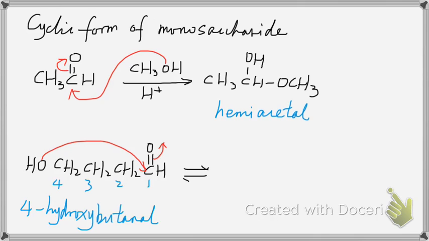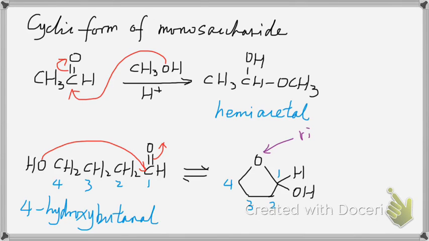As a result, a ring structure will form, and this ring will involve carbon 1, 2, 3, 4, and the oxygen on carbon 4. So 5 atoms are involved in the ring, and it's going to be a 5-membered ring form.